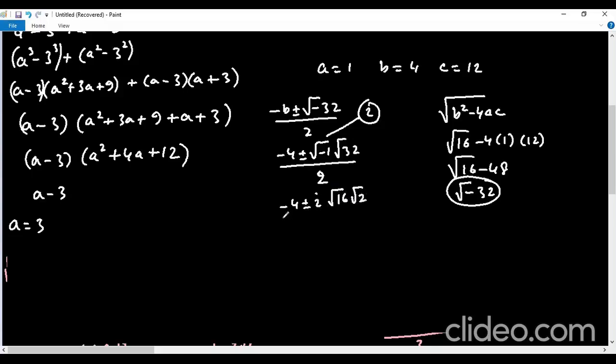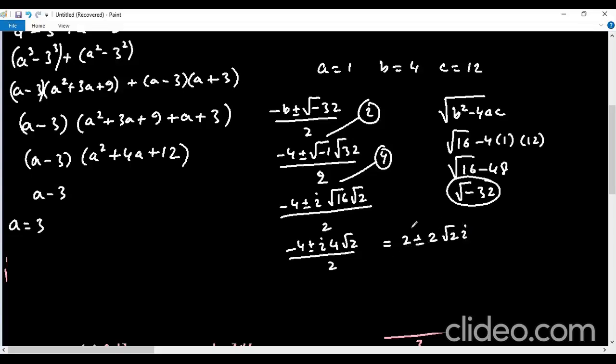And in the next step I will write once again minus 4 plus minus iota, 16 is going to give us a 4 and radical 2 over 2. Now can we divide this one easily? This gives us minus 2 plus minus 4 divided by 2 is going to give us a 2 radical 2 iota. Okay, so these are the two imaginary values.